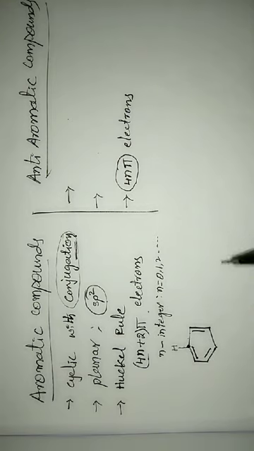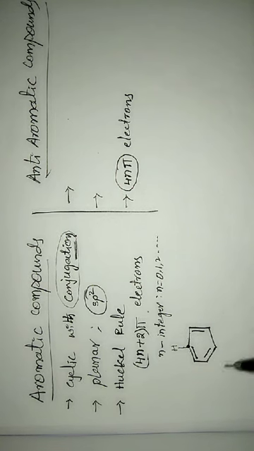Next, Huckel rule. Let us check whether this compound follows it. Huckel rule is 4n plus 2 pi electrons.